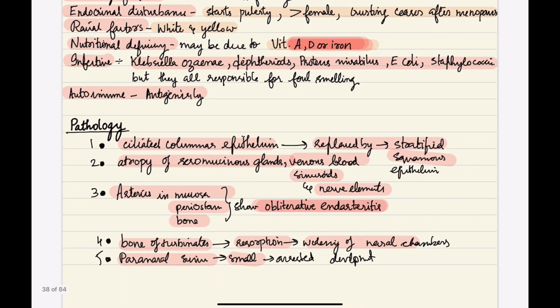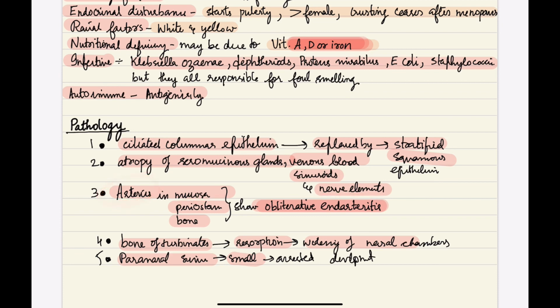Then we'll see the pathological changes. Ciliated columnar epithelium undergoes metaplasia and is replaced by stratified squamous epithelium. Then atrophy of seromucinous glands, venous blood sinusoids, and nerve elements can take place.